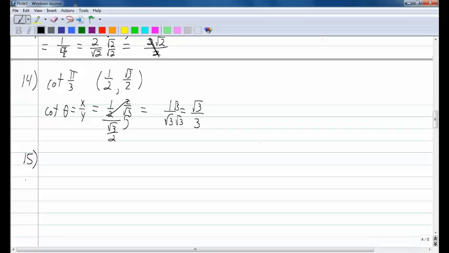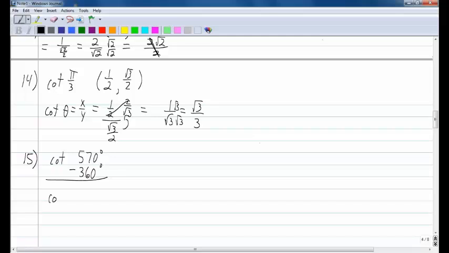Number 15, the cotangent of 570 degrees. 570 degrees is bigger than 360 degrees. So we need to subtract 360 degrees from that as many times as we need to get it between 0 and 360.